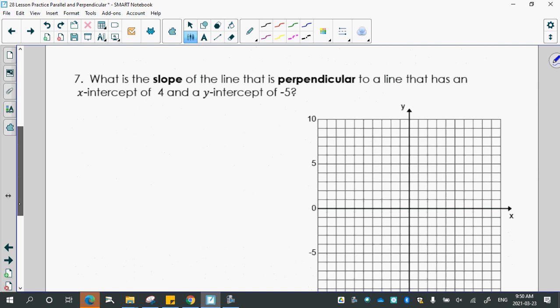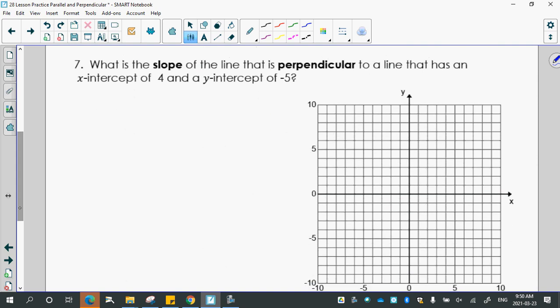Okay, so what is the slope of a line perpendicular to a line that has an x-intercept of 4? So yesterday we learned what that means. So on the x-axis there'd be a point at 4 and a y-intercept of negative 5. So on the y-axis there'd be a point at negative 5. So I should be able to find the slope.